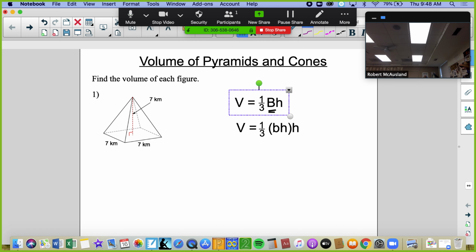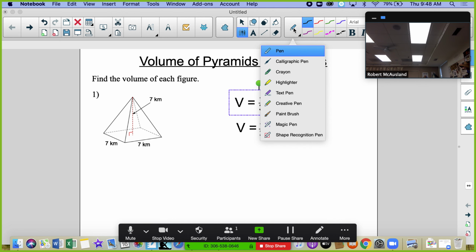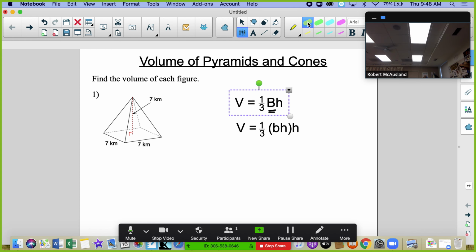That's just the area of the bottom part. So big B is just looking for this area. It wants to know how much space is down there.